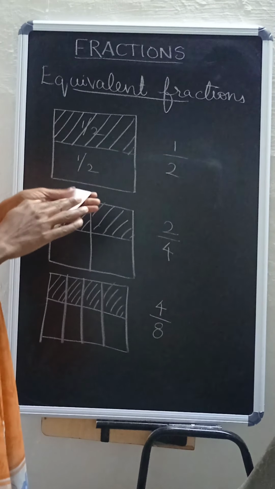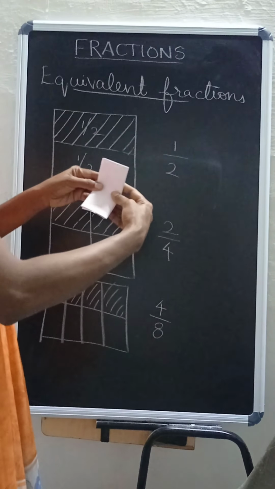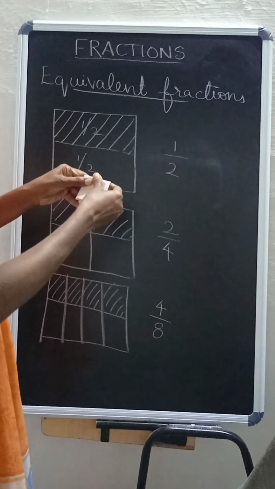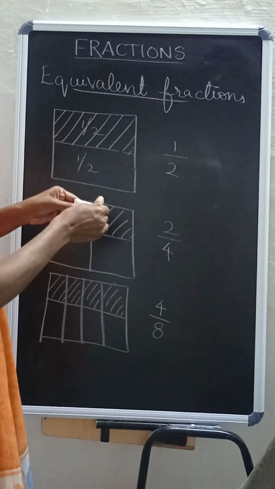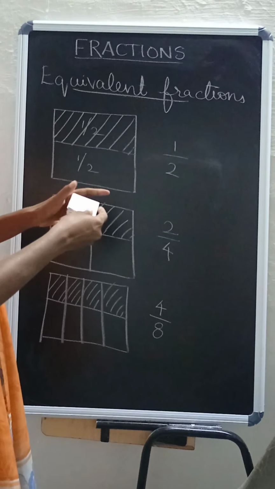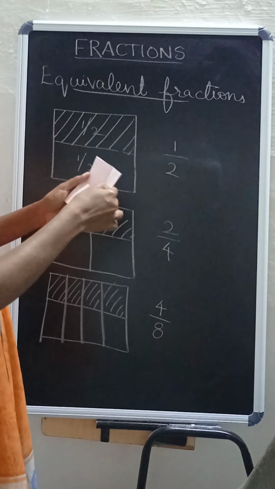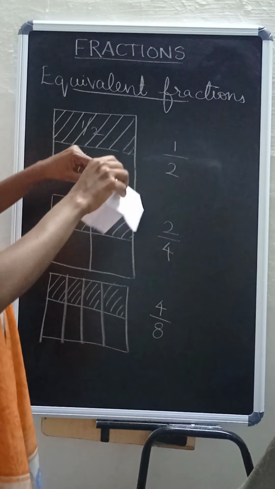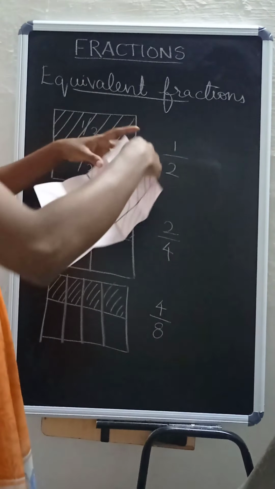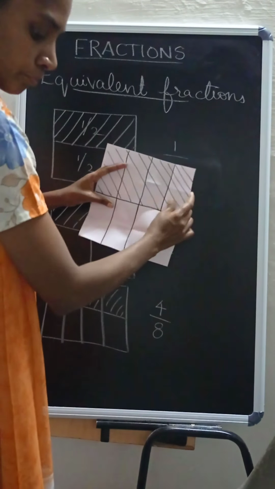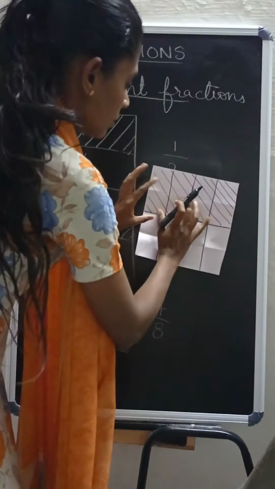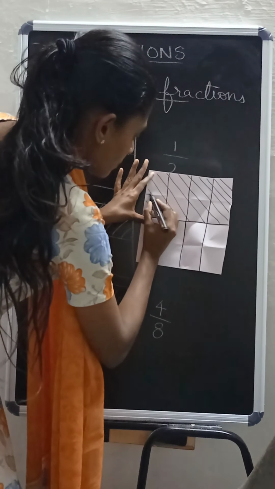Now again I am making another one fold. Fourth fold. Now take it out. See. Now how many boxes I have got?